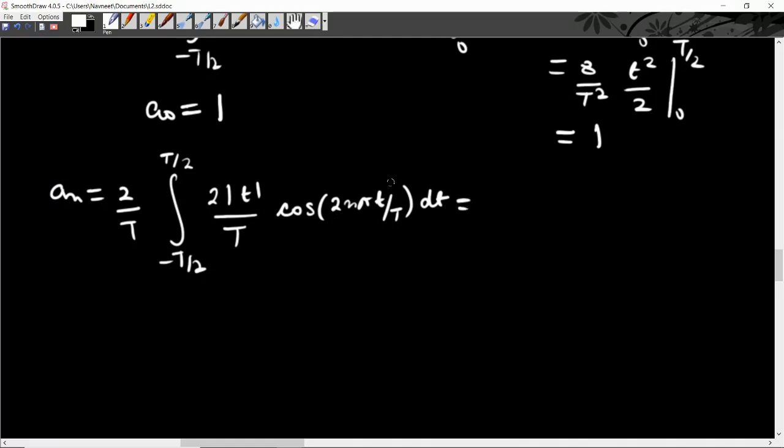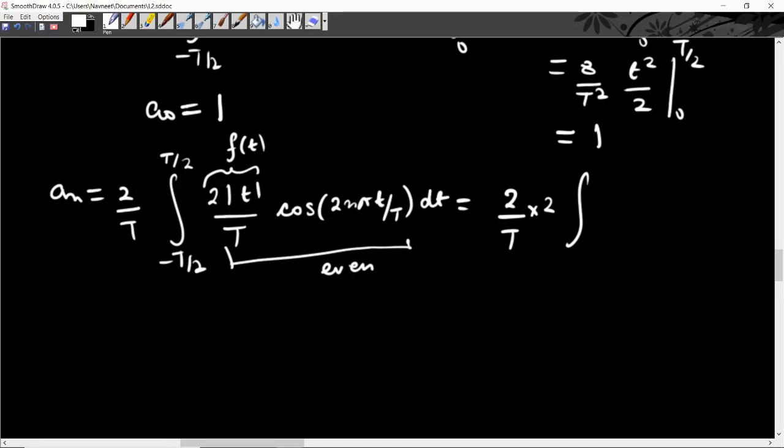Again, noting that this is my function f of t, which is even, times another even function, so this whole function is an even function, so we can integrate over the half interval and multiply that integral with a factor of 2. So now I can write this as 2t over capital T.